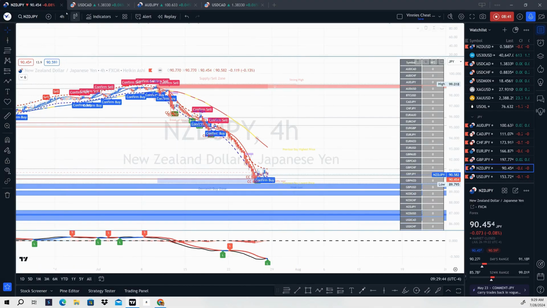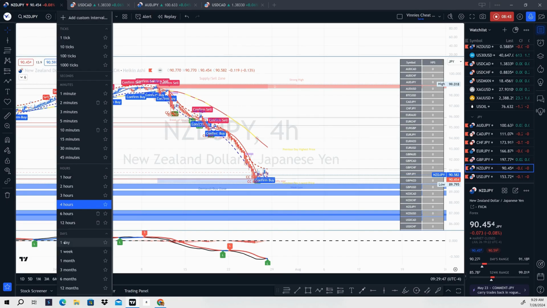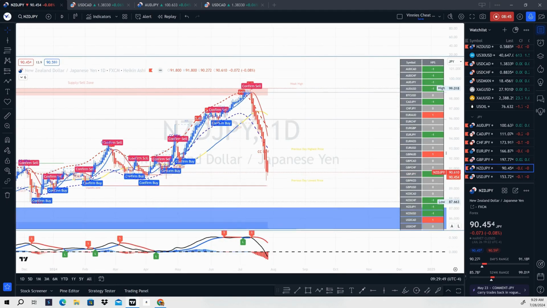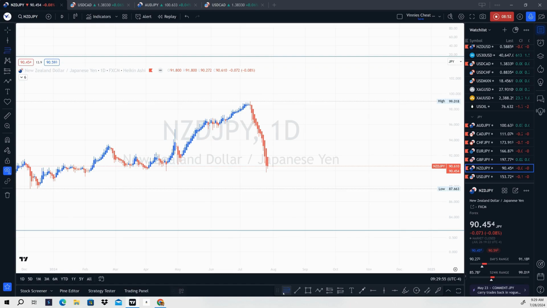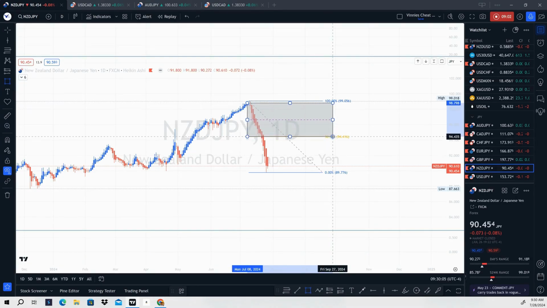So again, how do we find out where price is going to pull back to? Well, we just simply measure. We're going to measure again from the high to the low. And then we'll just mark up our area where we like to see price get to. Okay.